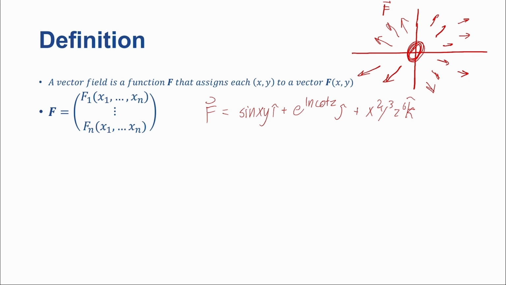For examples, you can consider fluid flow, electricity flow, or the effect that gravity has on a planet. If you have a planet here, and then a little moon there, you might have big vectors here that point in, because the gravitational field of the planet is very strong.